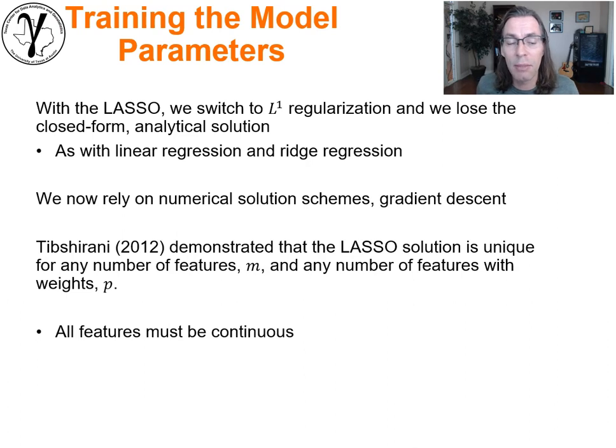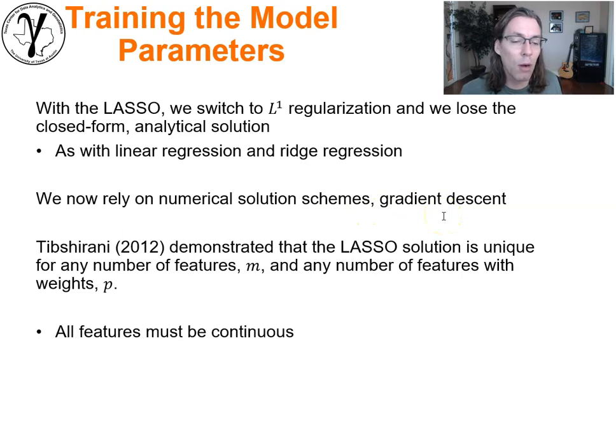There was a matrix inversion, and we said we had confidence that in general that matrix would be invertible. Now, we don't have that closed form solution for the lasso, and we're going to rely on a numerical solution scheme, like gradient descent.